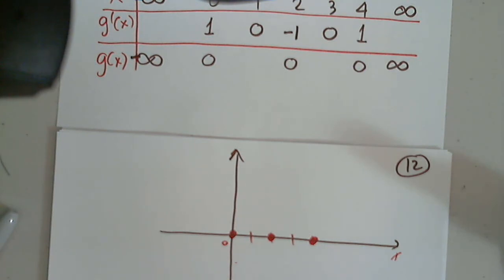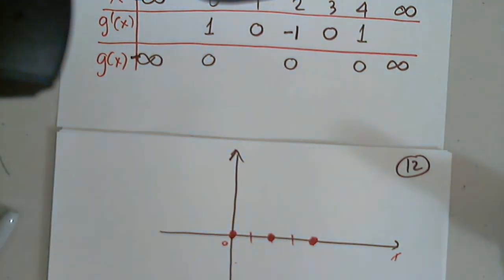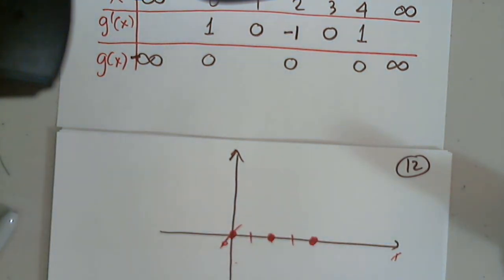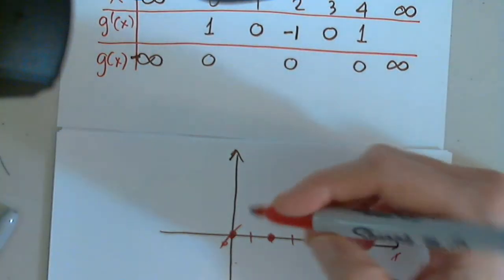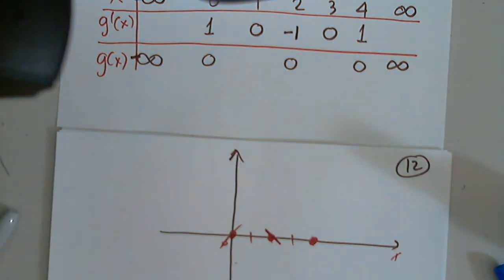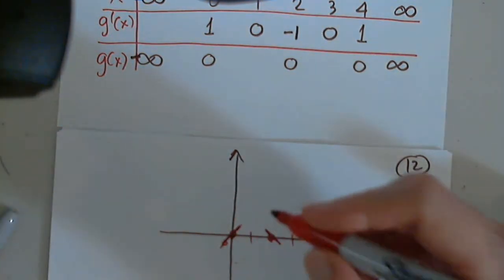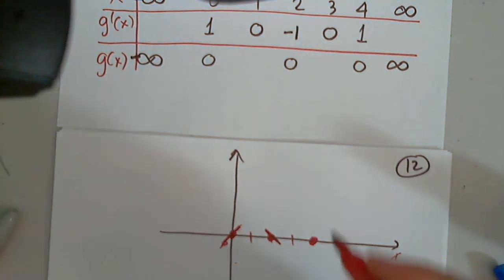At those points, the derivative is positive 1. That's my positive 1. At 2 it is negative 1. I just draw the tangents. I didn't graph the function. I drew a tangent with a slope of 1. I drew a tangent with a slope of negative 1. And at 4, I drew a tangent with a slope of 1.